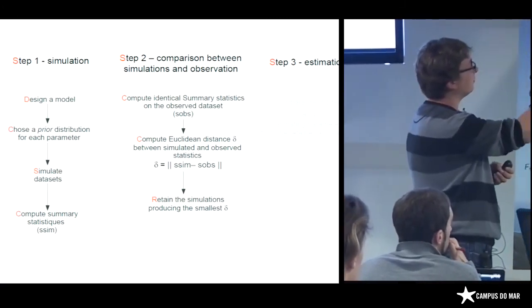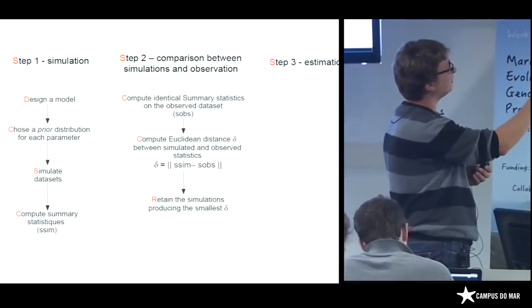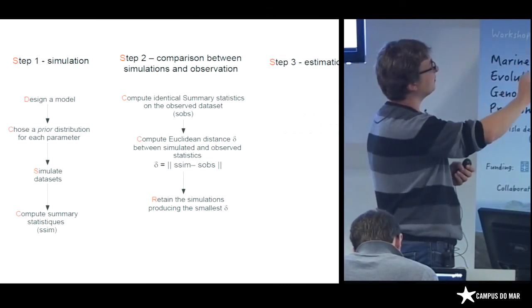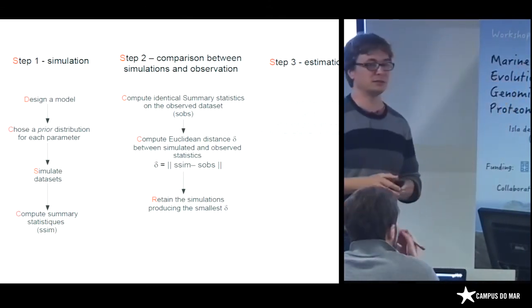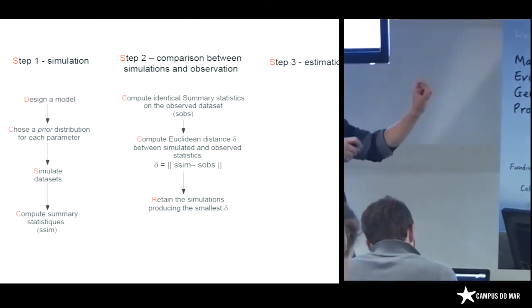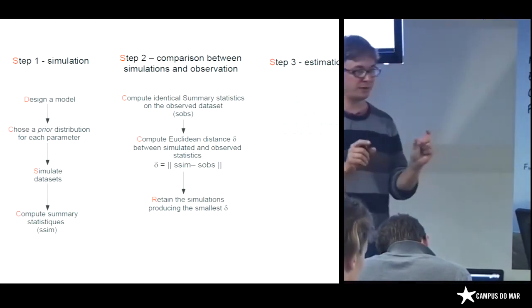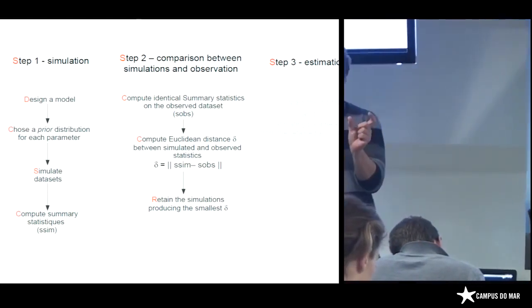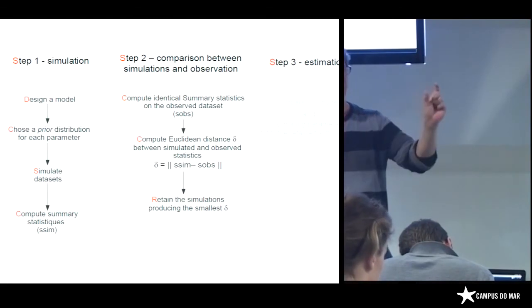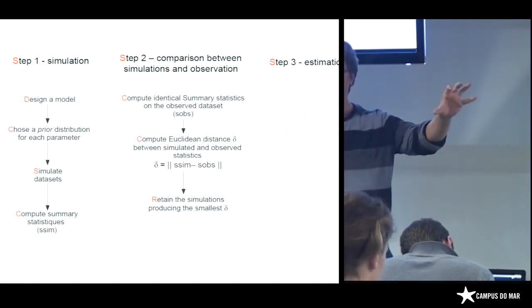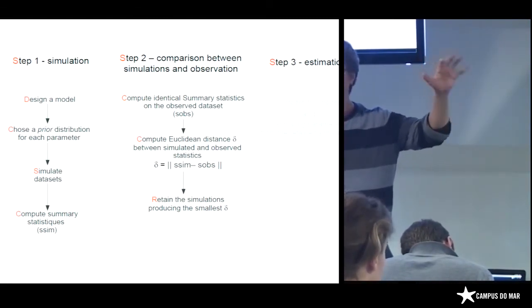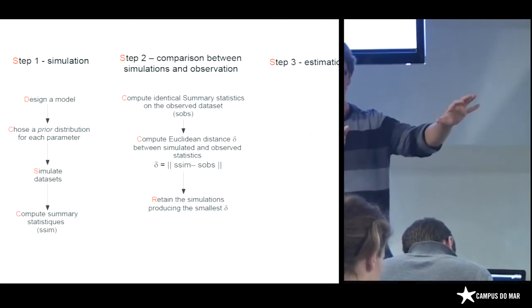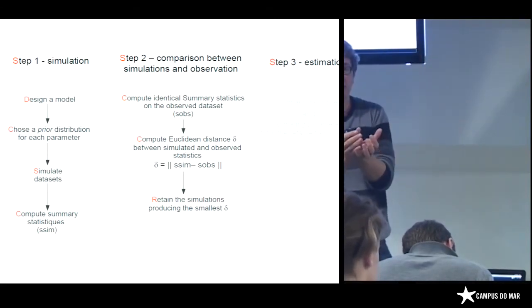Then you compute the Euclidean distance between simulated and observed statistics. I'm going to show a graph after. So this is a measure of how different the data set simulated under the scenario is from your observed data set.